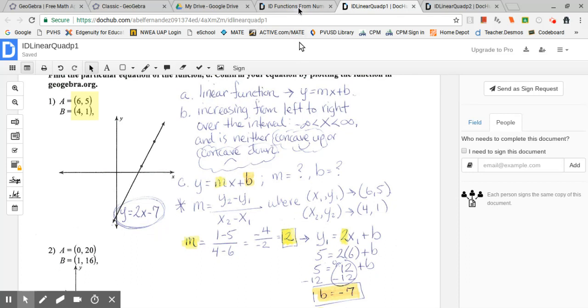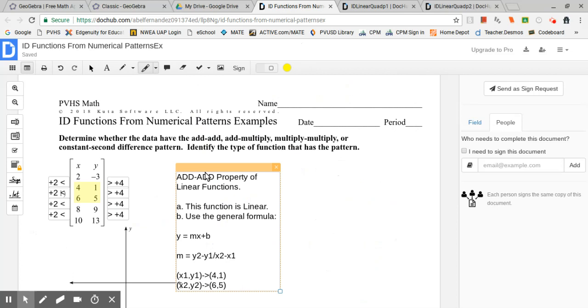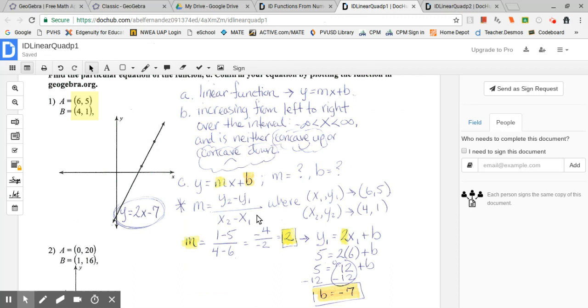In fact, it's the same exact function. Okay, so I'm not going to go over the example again because we've already gone through it in class.